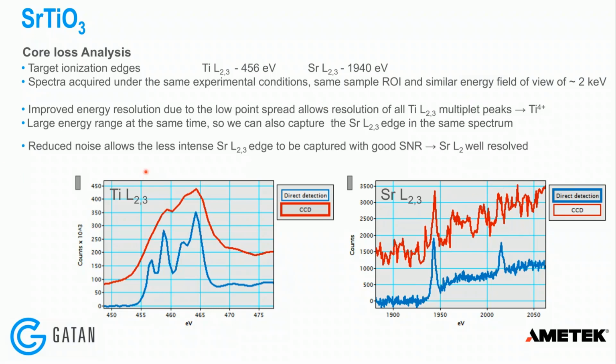So reduced noise allows the less intense strontium L23 edge to be captured with better signal to noise ratio. Better energy resolution, better chemical analysis, better noise performance, so better data quality.